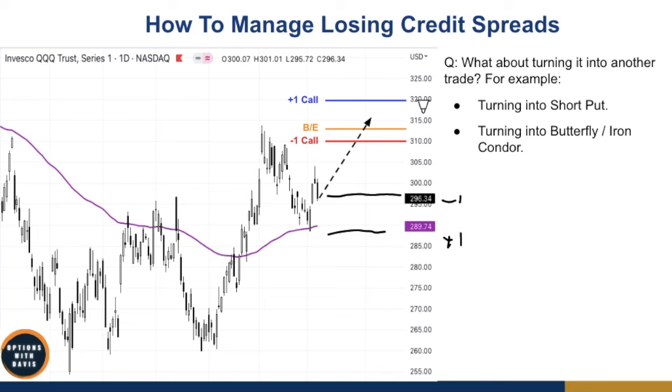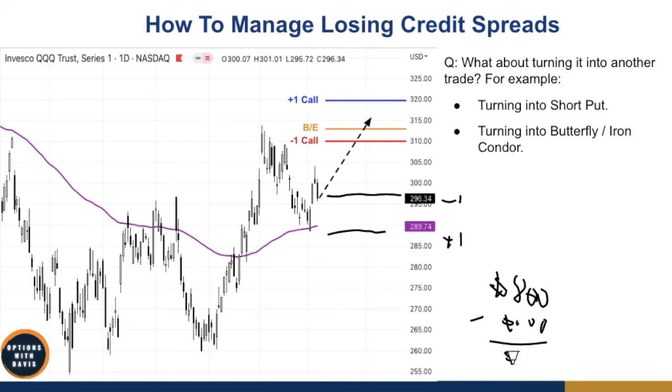If previously your maximum loss was $800, let's say you put on this call spread down here, the maximum loss is $800. Now by putting on this spread, let's say you receive $1 in credit, right? So a dollar would basically be $100. So you will minus off $100 from your maximum loss.